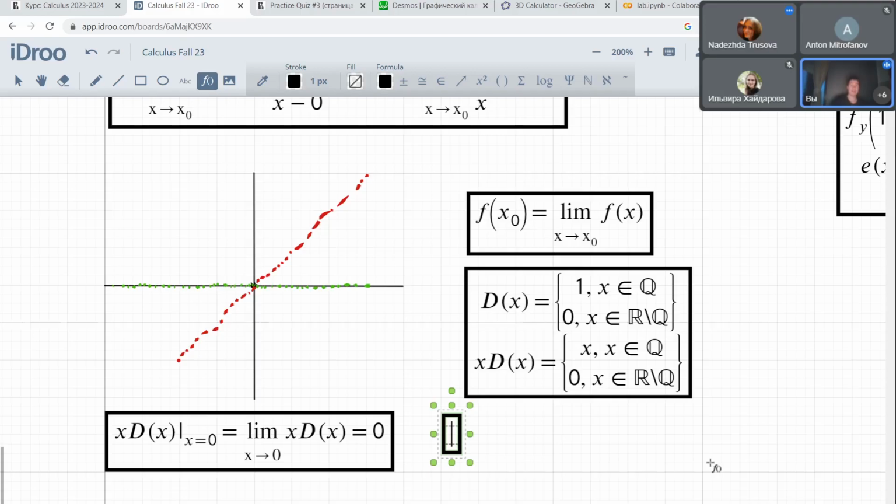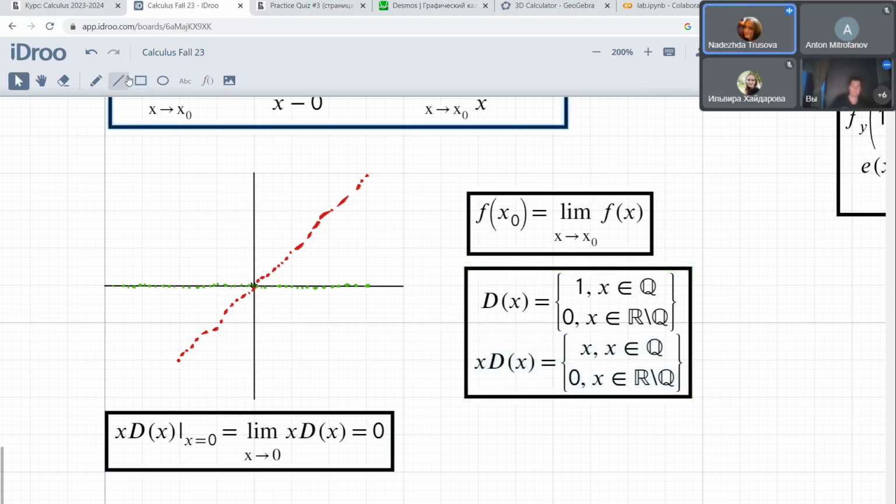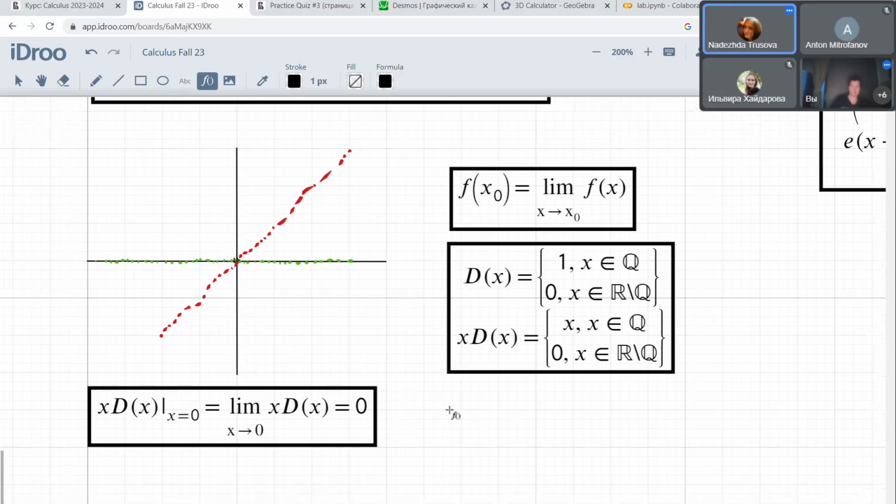Can you imagine, can we build a function that will be differentiable only at one point? What can we say about differentiability of this function? And what's the definition of differentiability? At point 0 it exists because at point 0 it's continuous at least, and we have a constant, and the derivative of a constant is 0.